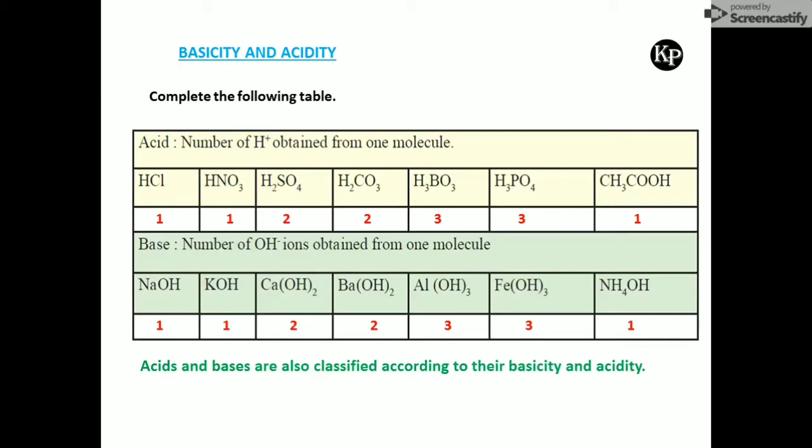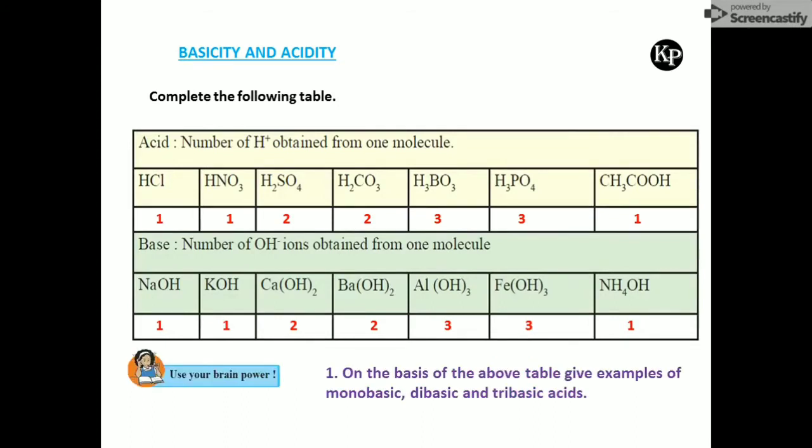So we can say acids and bases are also classified according to their basicity and acidity. Friends, tell me one thing: on the basis of the above table, give examples of monobasic, dibasic and tribasic acids. It is very simple.